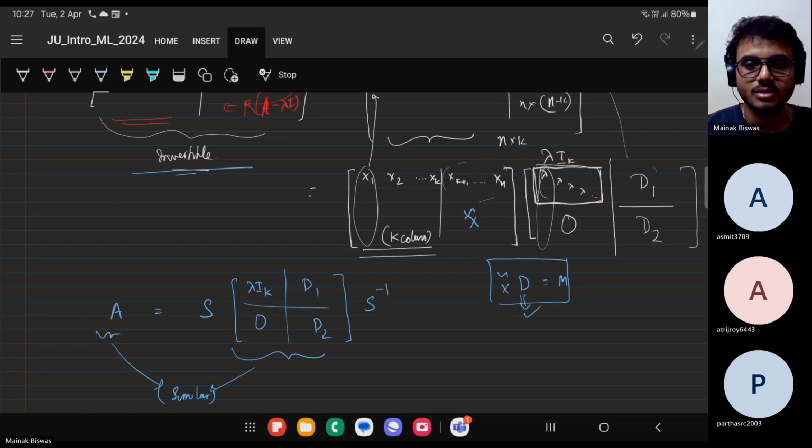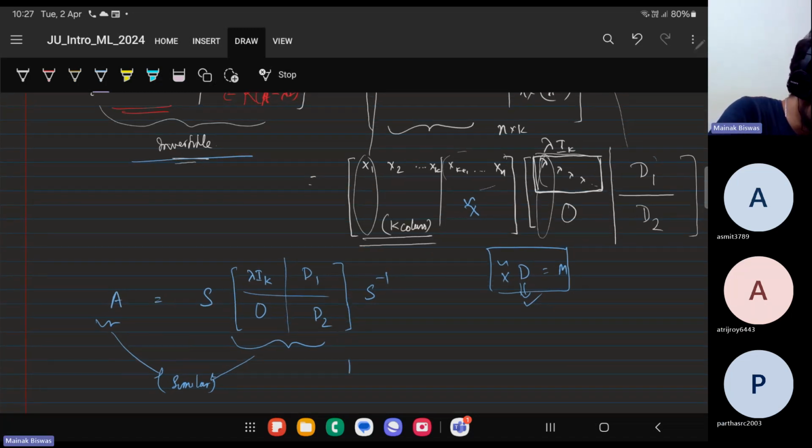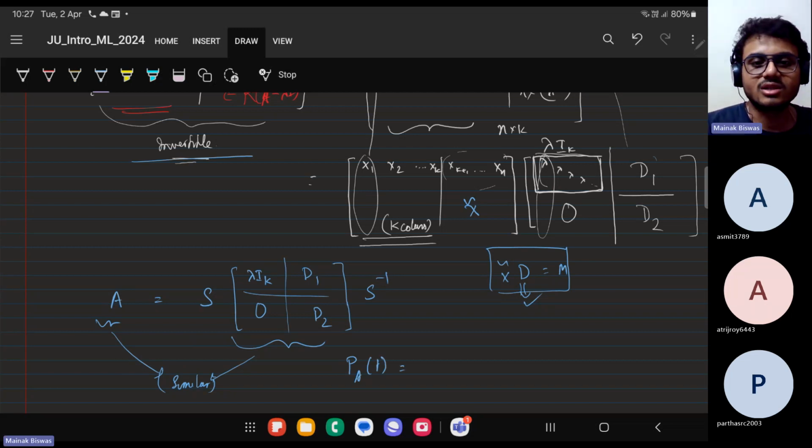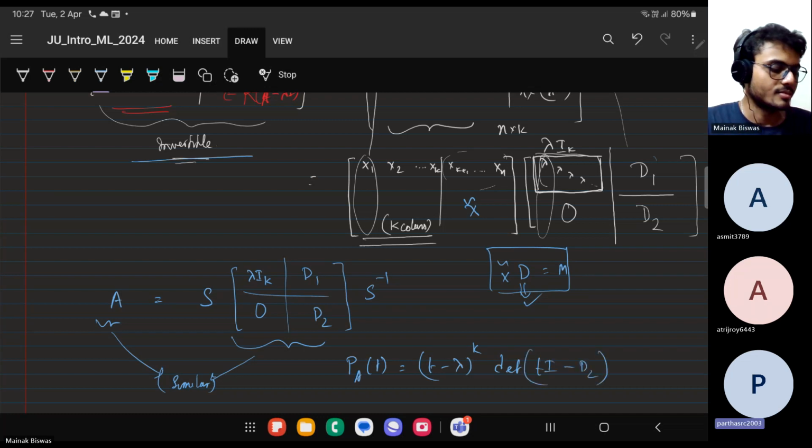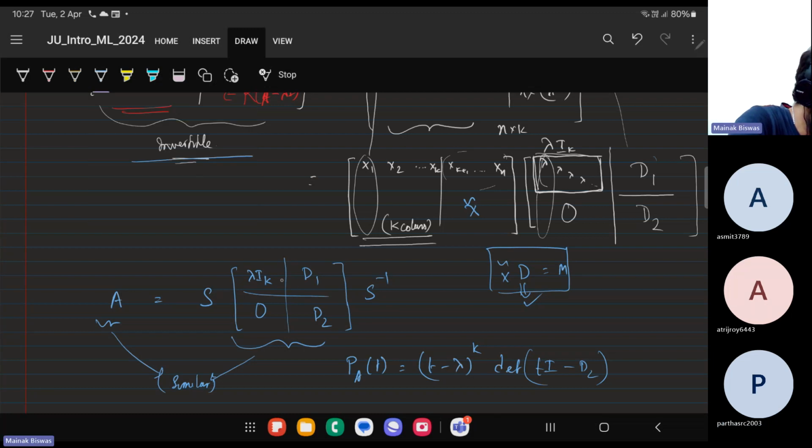If they are similar, what will happen? The characteristic polynomial of A will be (t minus lambda) to the power k into determinant of D2. Do you agree? What will the determinant be?